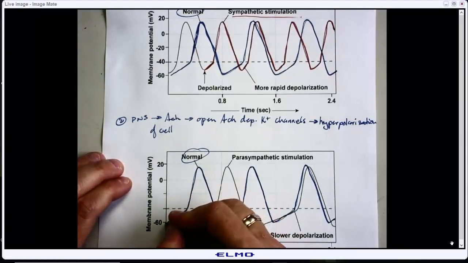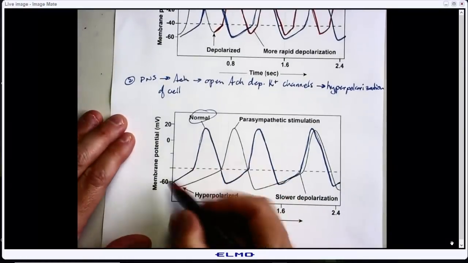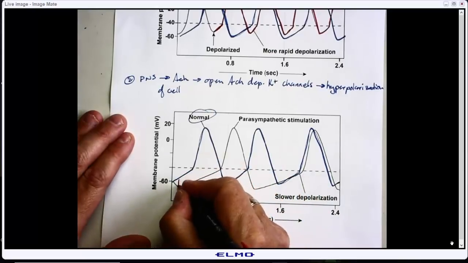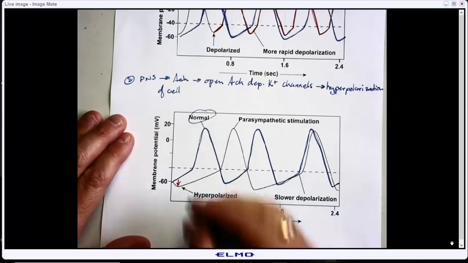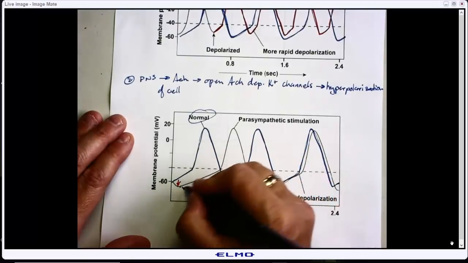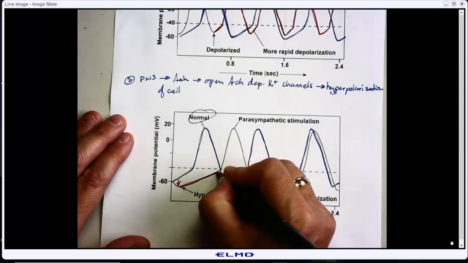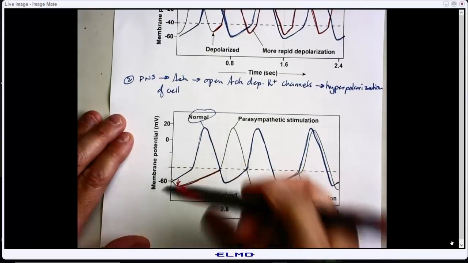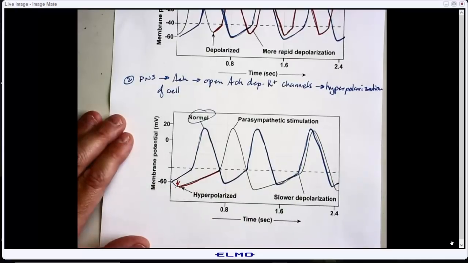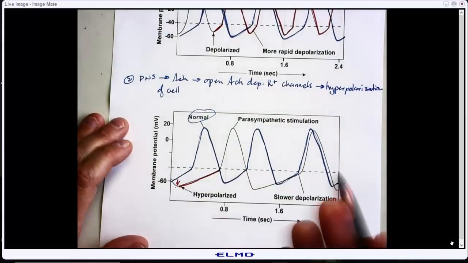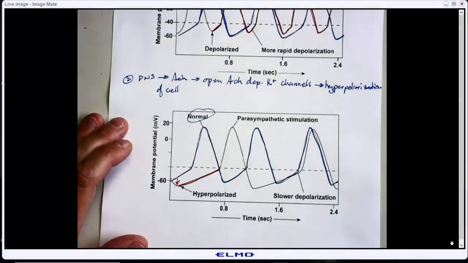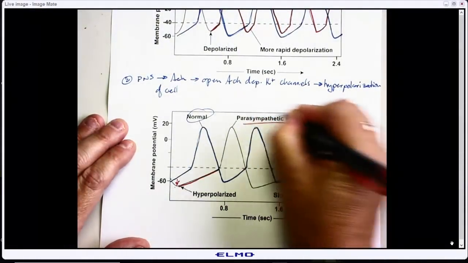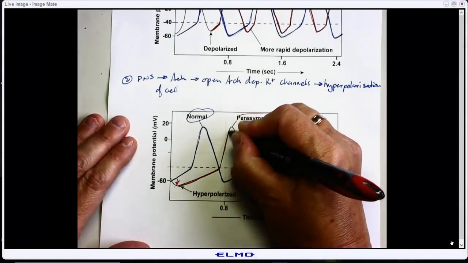So we took our normal membrane potential, which was, let's say, at about -60, and we dropped it. Now we have the same leak rate, but it's going to take us longer to get to threshold because we're further away. So if we went from -60, let's say, to -70, we are just now further away from threshold. And with the same leak rate, it's just going to take us longer to get there. So it takes us longer to get to threshold with parasympathetic nervous system stimulation.